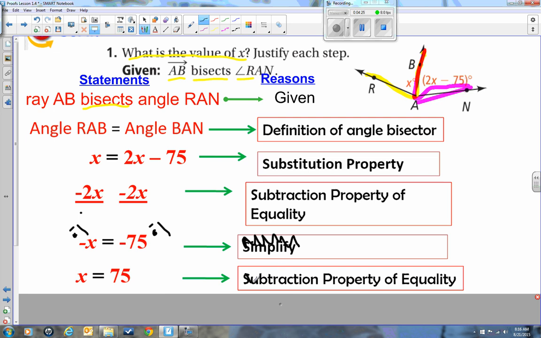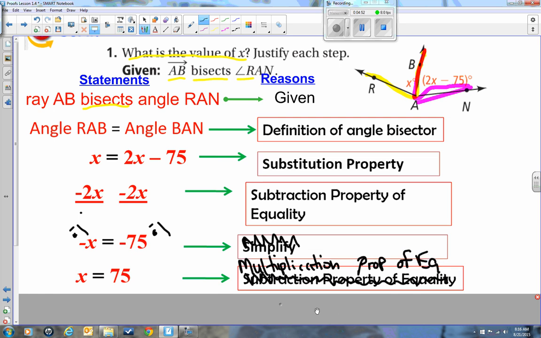And, oh, subtraction? Did I do subtraction? No. What did I do? I multiplied both sides by a negative 1. So this should read multiplication property of equality.